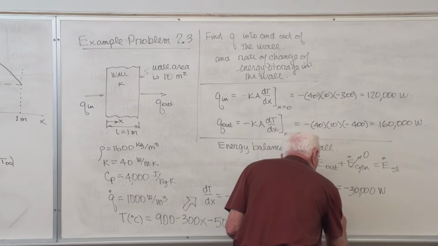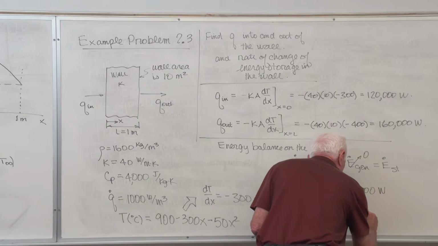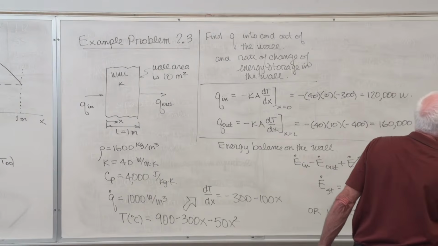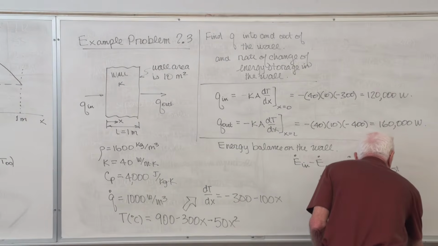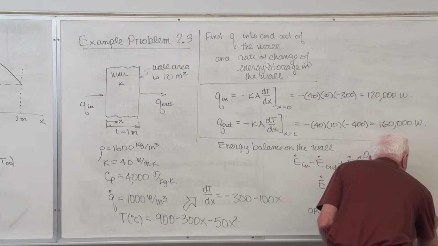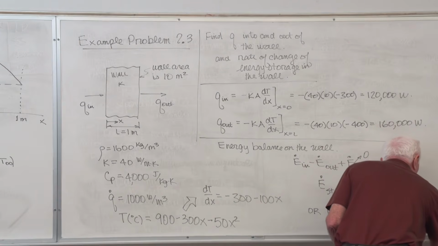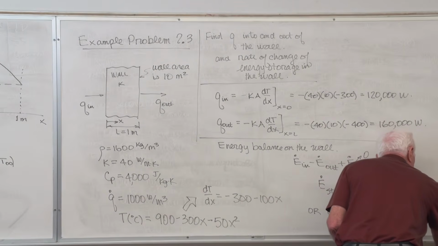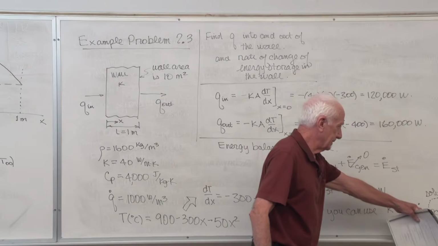Or you can use that guy, K d squared T/dx squared plus q dot equals rho cp dT/dtime. That's what you want right there.